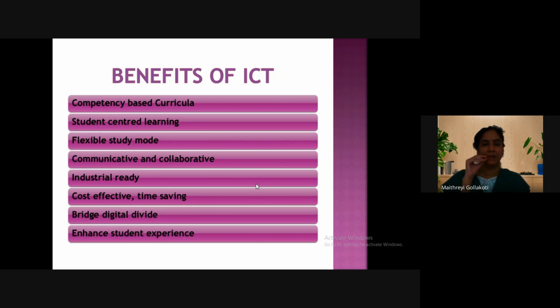It bridges the digital divide. There is a digital divide in India. There are people who are very suave and very happy with technology. There are people who still have problems understanding technology and fumble with technology. It is partly due to the age barrier and partly due to the rural urban divide.